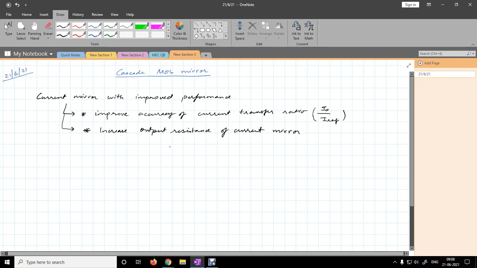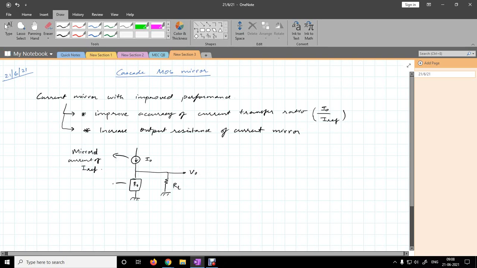Say for example, if I have this I reference here, this I naught is the current flowing here. This is R naught, this is RL, and this is V naught. This I naught is a mirrored current of I reference.